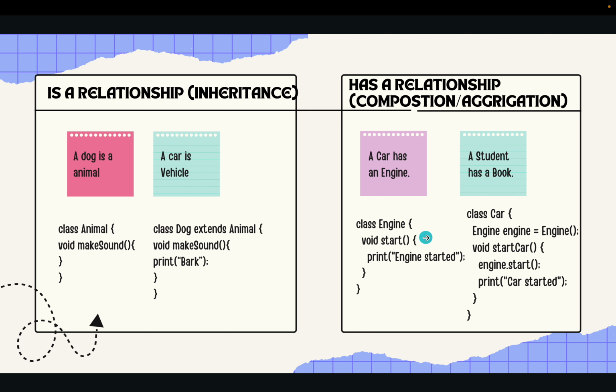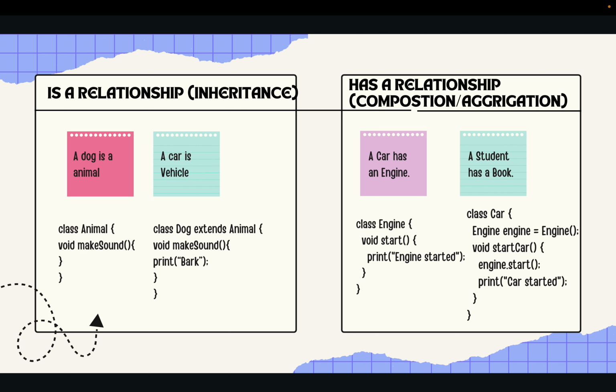Take an example: we create a class called Engine, and have a method called start, engine started. In that we are injecting the class, not extending. We are just injecting. As you can see, we directly inject the engine, and we are using it directly. That's how injection works in composition.